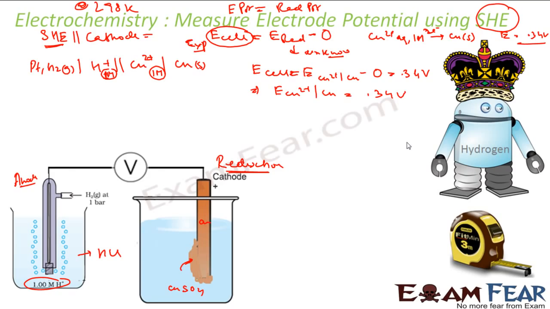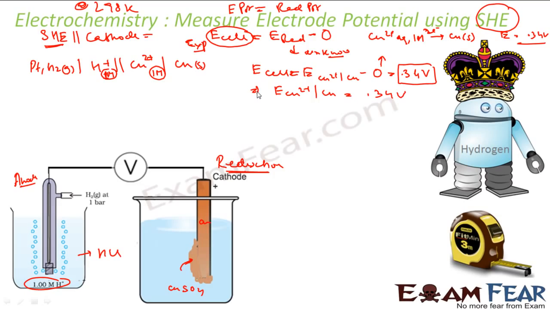Now note one thing here: since we assume this hydrogen to be 0, actually this is not 0, right? The actual value is 4.4 volt, but since we assume it to be 0, we can't actually say that this is the absolute standard electrode potential. But this positive value indicates that copper 2 plus ions get reduced more easily than H plus.